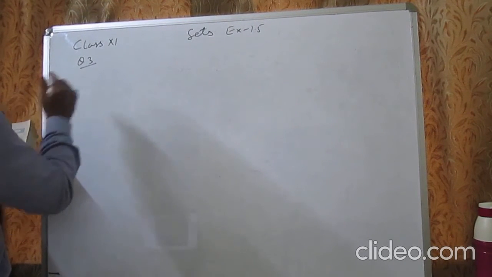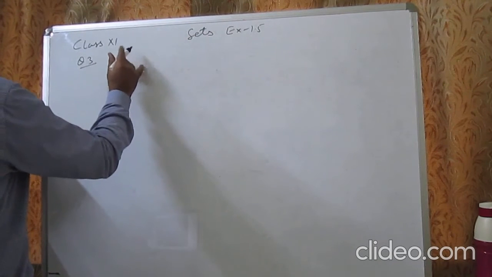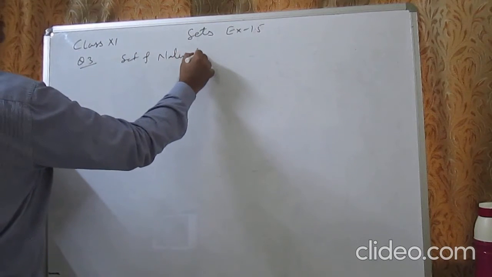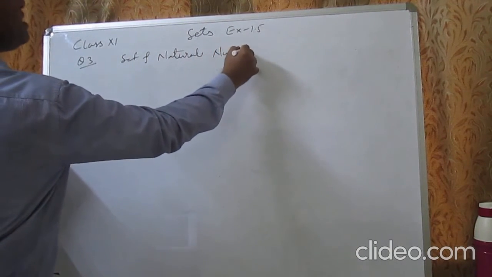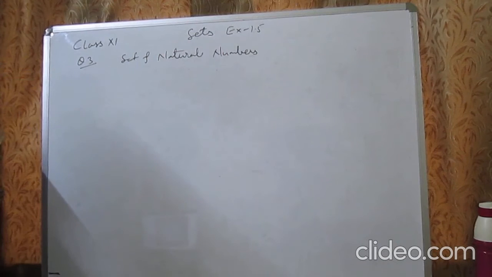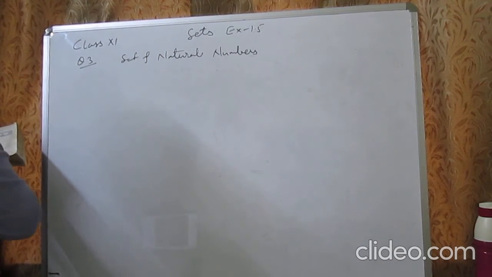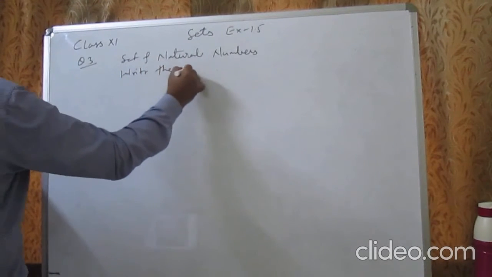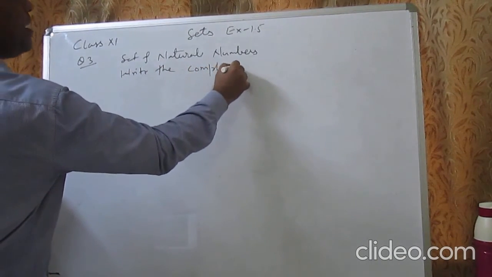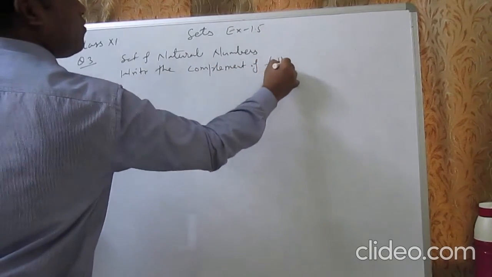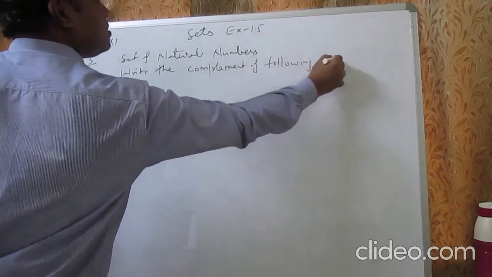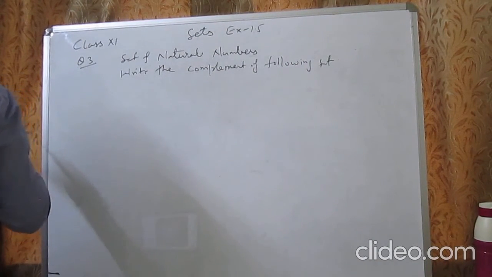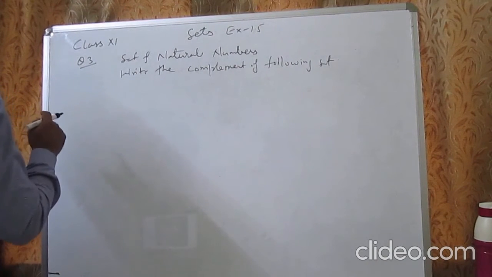Set of natural numbers, that is N, is given. Write down the complement of the following sets.